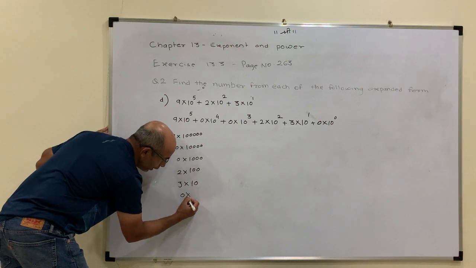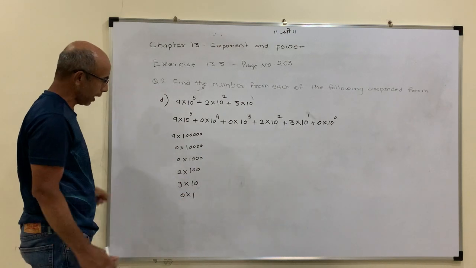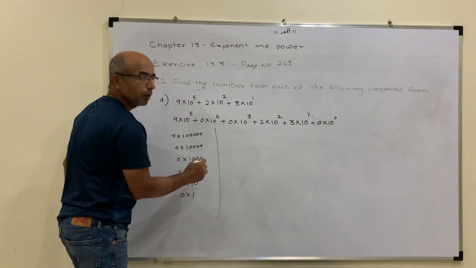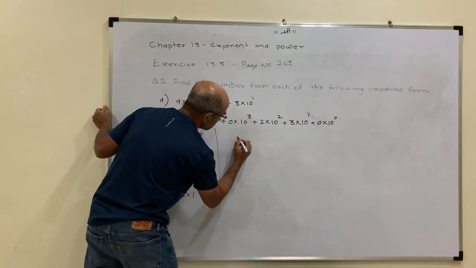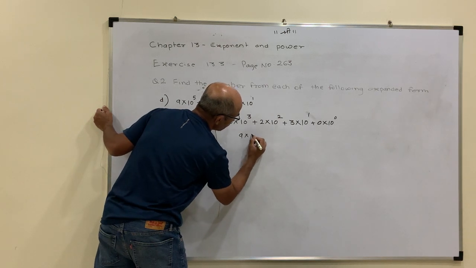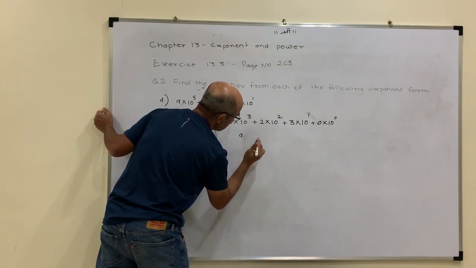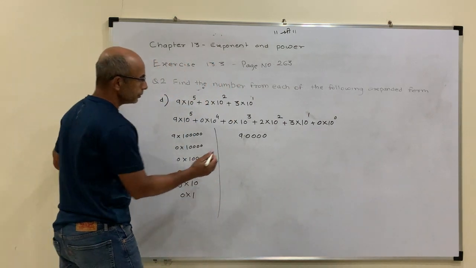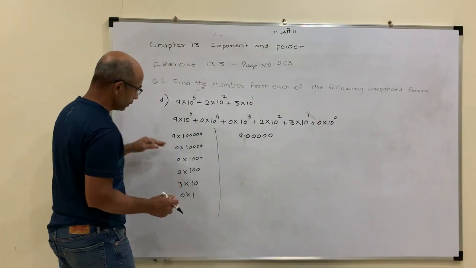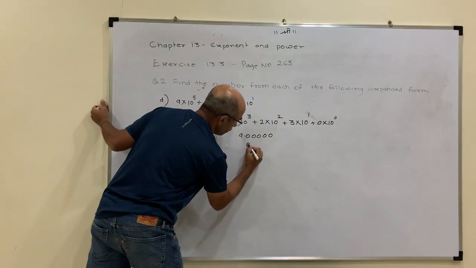Then 0 into 10 raised to 0 is 1. So now to do the addition, let's rewrite again. 9 into 1 lakh is 9 lakhs. 0 into 10,000, 0.